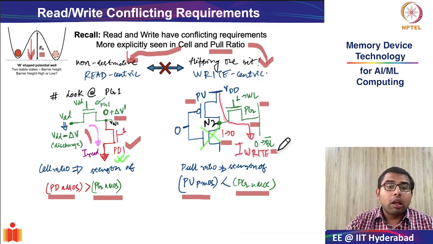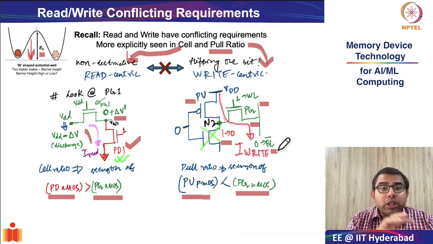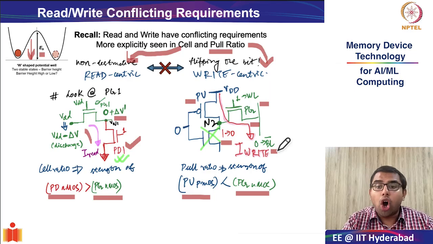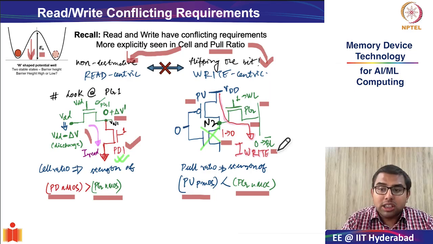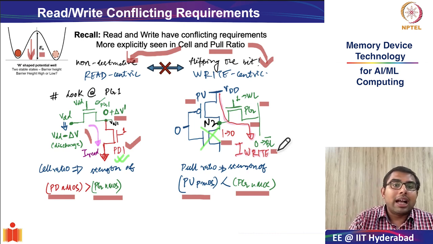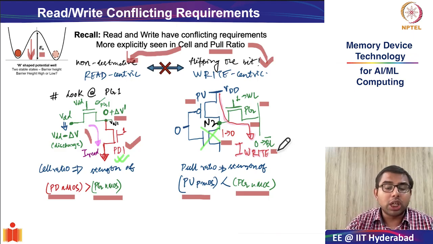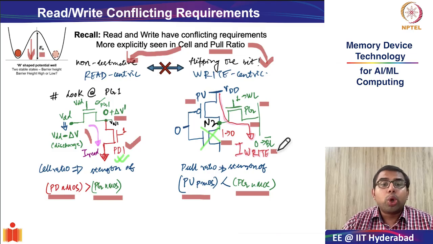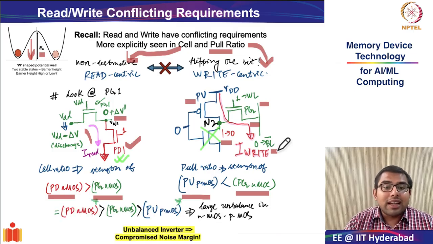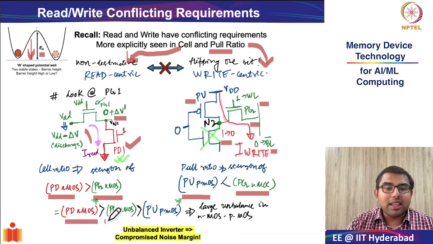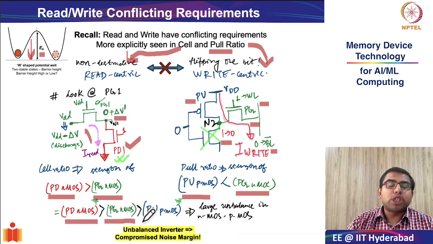Now, when we put together the design or transistor sizing requirements for cell ratio and pull ratio, we see that the relationship is that the strength of the PD NMOS should be greater than that of the PG NMOS, which should be greater than the pull-up PMOS.